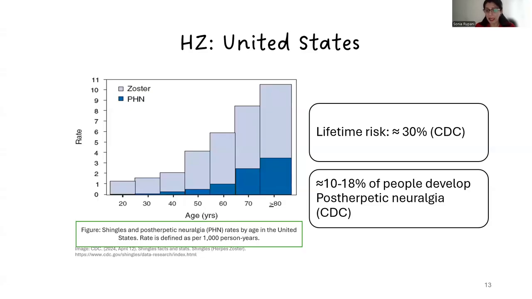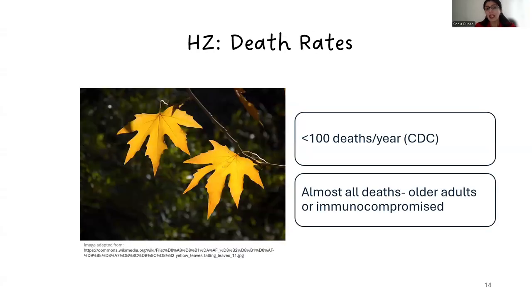So it's big. When we look at mortality, according to the CDC, there are less than 100 deaths per year associated with herpes zoster infection. Almost all of these deaths are in individuals who are immunocompromised or of advanced age. So very, very old individuals, or they're immunocompromised.